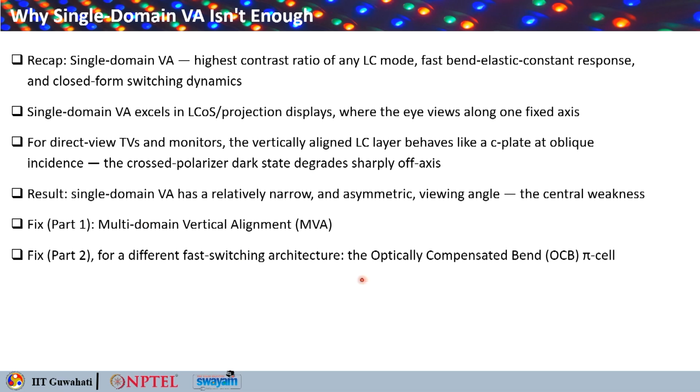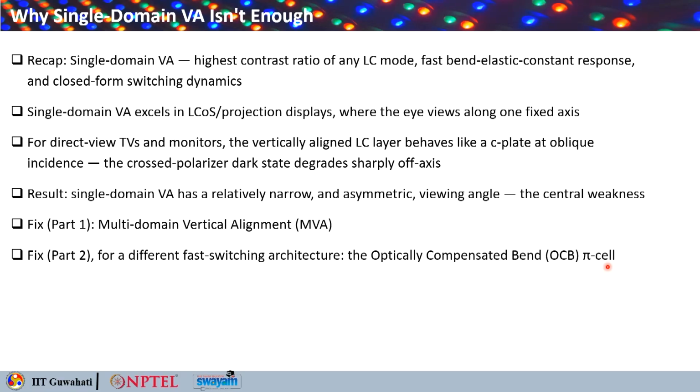And for a different fast switching architecture, that can also be addressed using the optically compensated bend pi cell, that is the OCB cell. Okay, so in today's lecture there are basically two major parts.